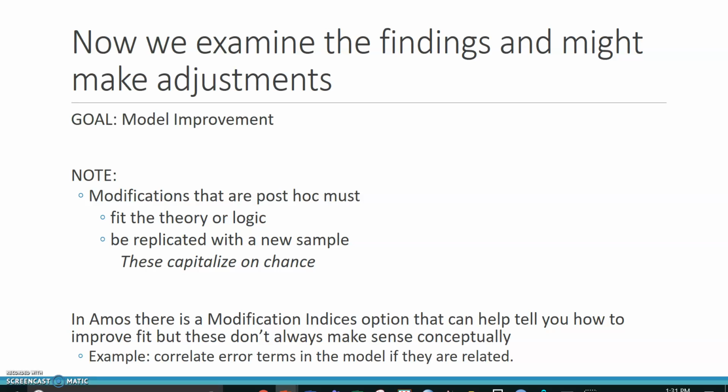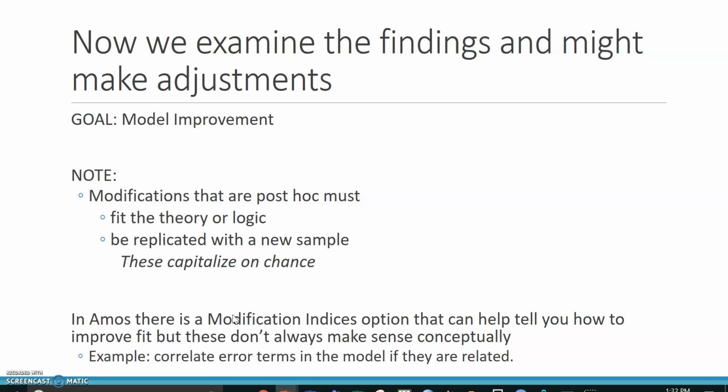The problem with that is that you drew that model in the first place based on theory and logic and lots of rationale, and now you're like, actually, I'm just going to change this. A lot of times these can be capitalized on chance. So you really need to replicate with a new sample and see if the new model modifications still work.